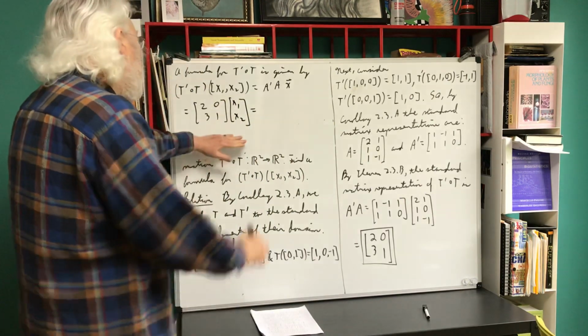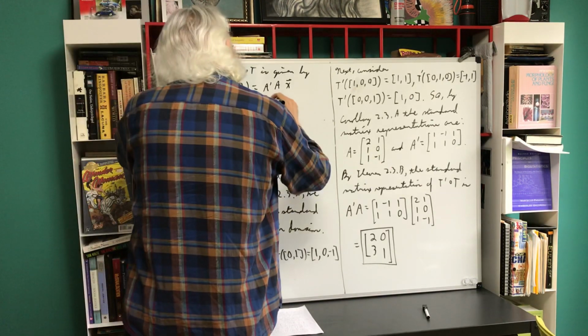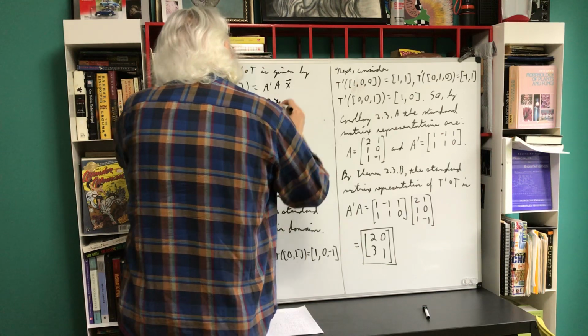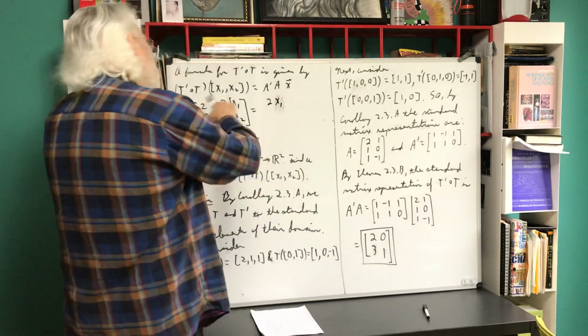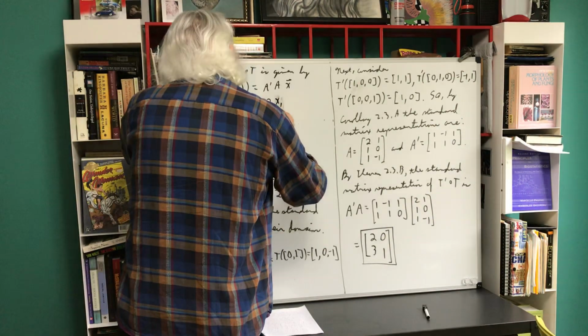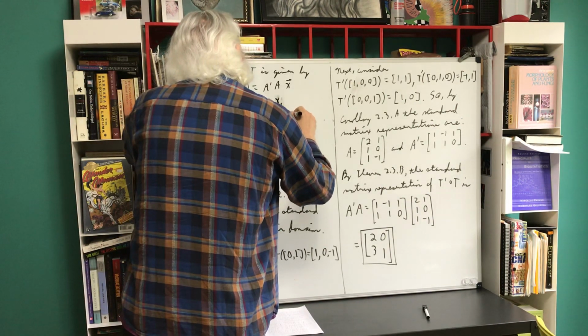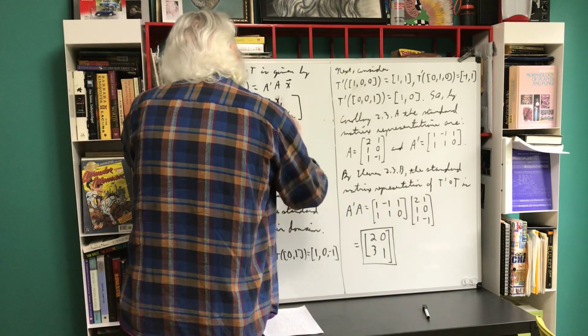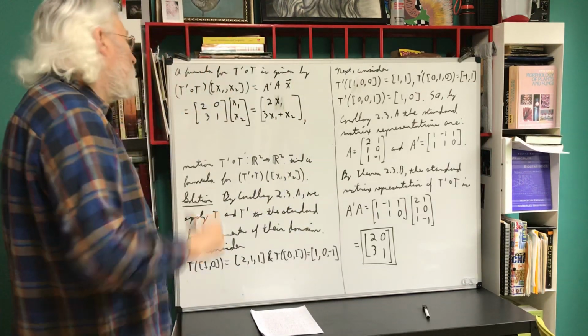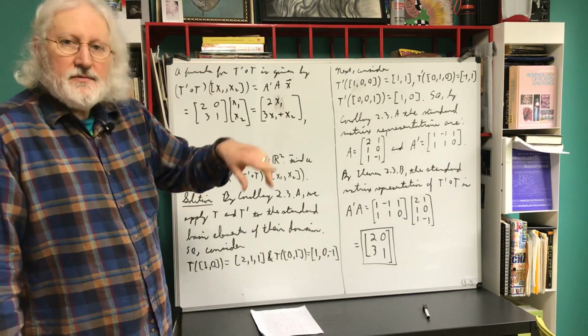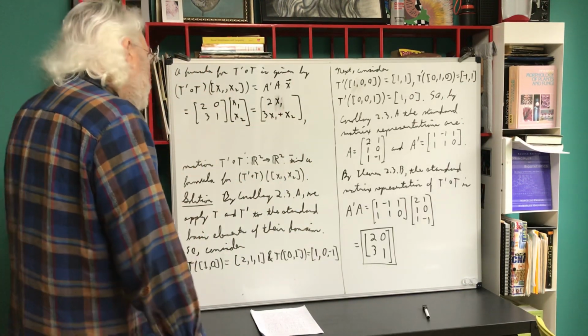Okay, and we do our product thing, first row, first column gives us 2x1. Second row, first column gives us 3x1 plus x2. There's a formula. They gave us formulas in terms of row vectors, so let's give our answer in terms of row vectors.